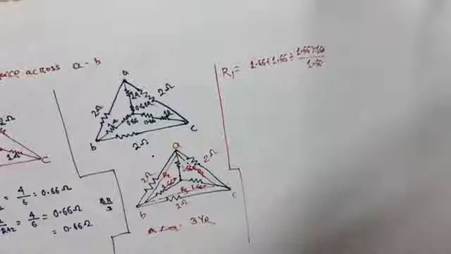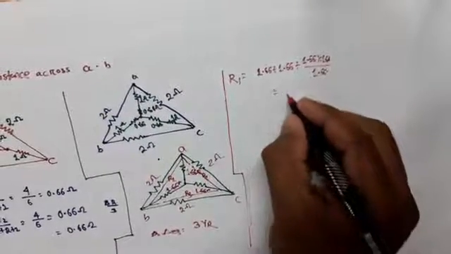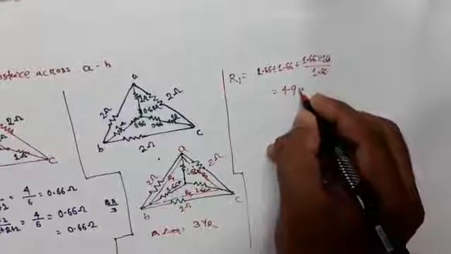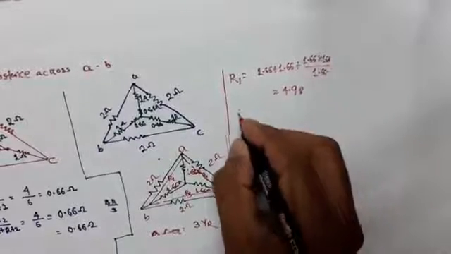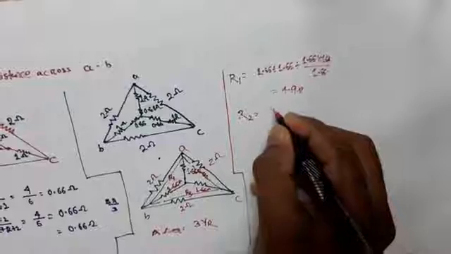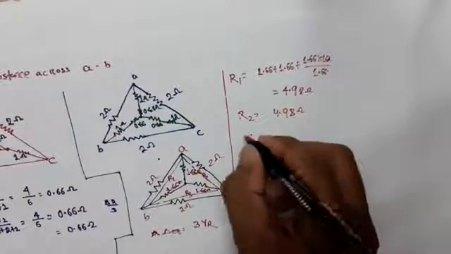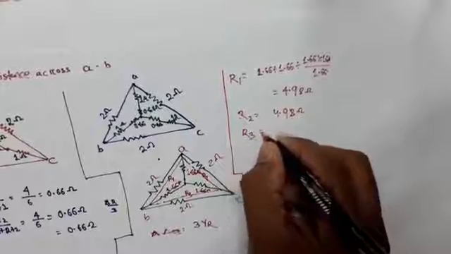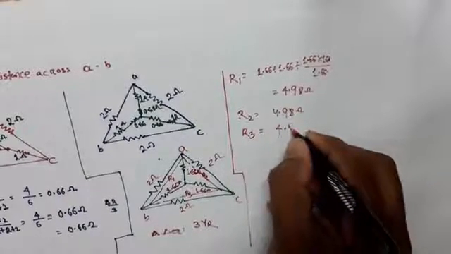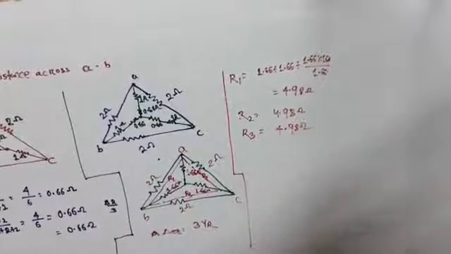This is 1.66 into 3, which is 4.98 ohm. This is also the same as R2, 4.98 ohm, and this is also the same as R3, 4.98 ohm. Again the modified circuit is like that.